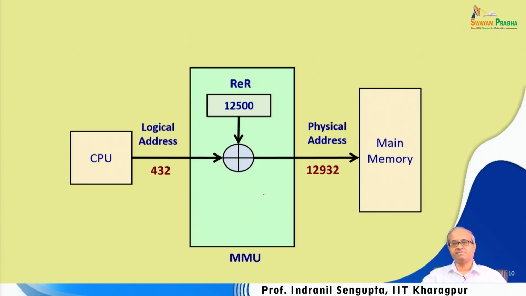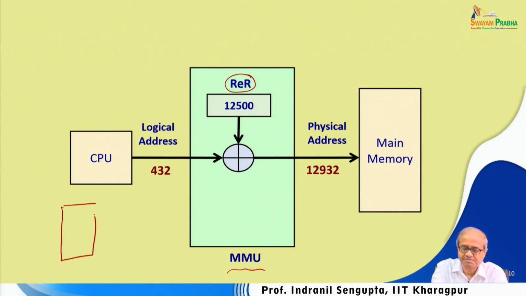Schematically it looks like this, exactly what I said. In the central green box is the memory management unit, the MMU, and inside the MMU, among other things, you have the relocation register. Let us say we have a logical address space which starts from address 0 and goes up to 4999, a total of 5000 bytes.